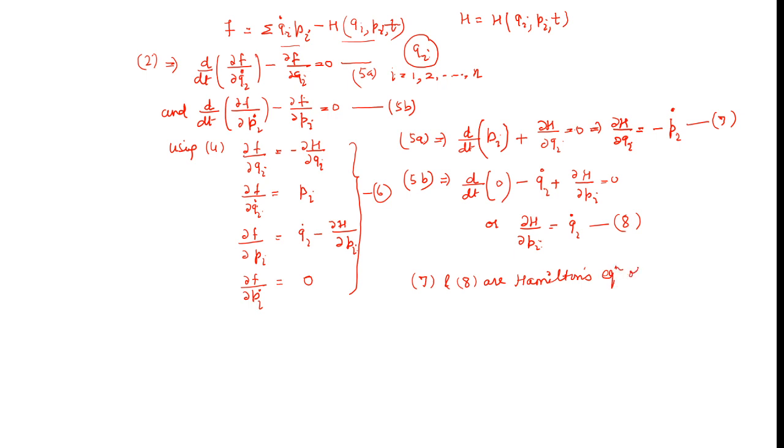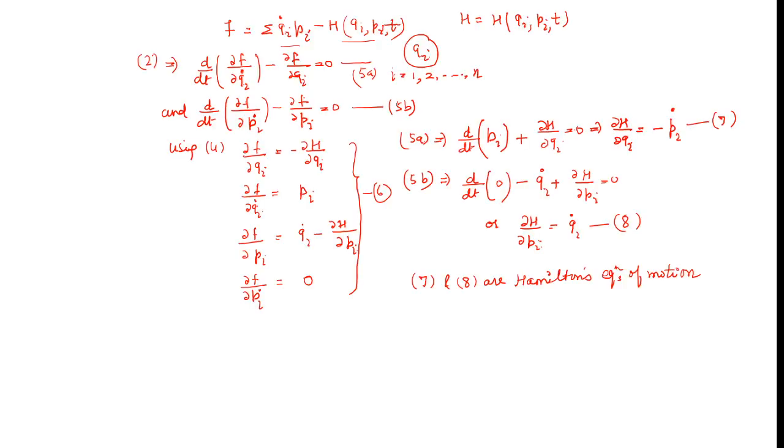So you see, we can derive Hamilton's equations of motion by Hamilton's principle. And now I'll tell you about an application of these Hamilton's equations of motion for a mechanical system. First I write these equations.